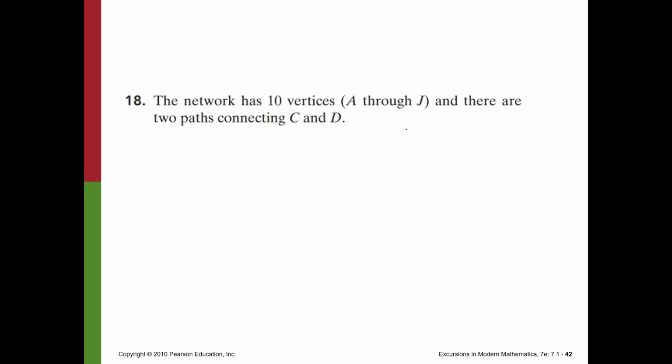The network has 10 vertices, A through J, and there are 2 paths connecting C and D, right? So if there are 2 paths connecting C and D, then you have a circuit.